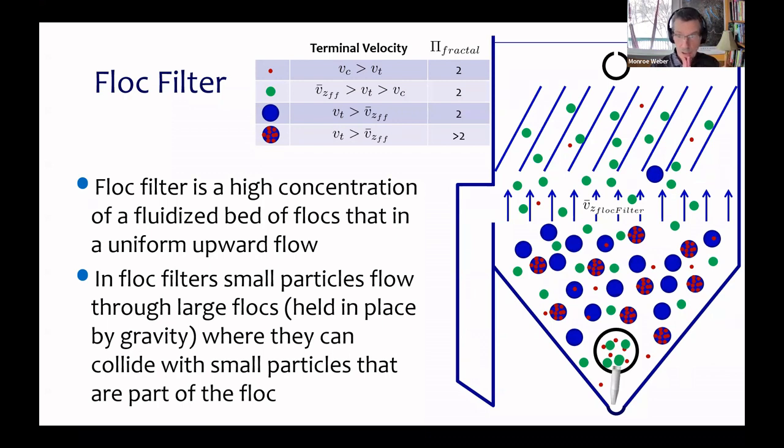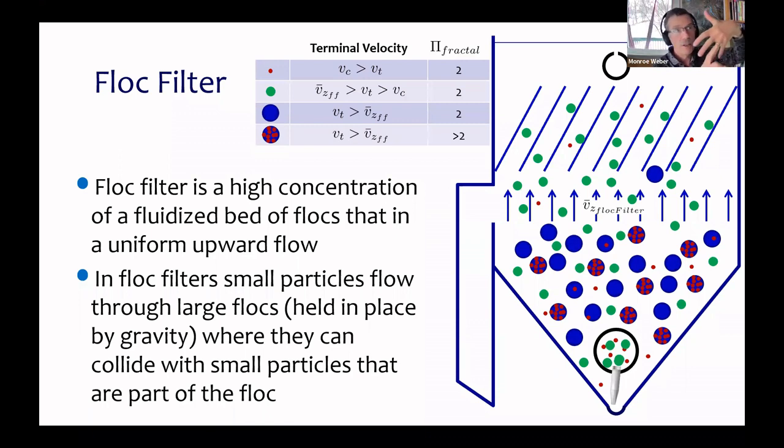Okay, so now let's talk a little bit about what's going on in the flock filter. So the flock filter is a high concentration, it's a fluidized bed of flocks that is in a uniform upward flow. So the water is coming up, that's keeping all these flocks in suspension. In flock filters, small particles flow through the large flocks. So there's a large flock and small particles actually flow right through it.